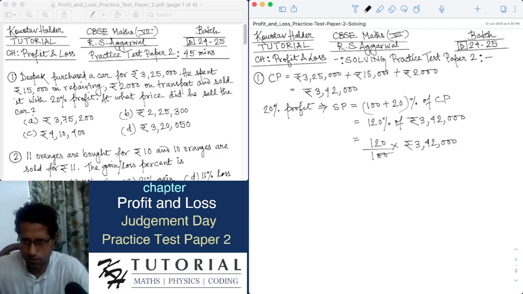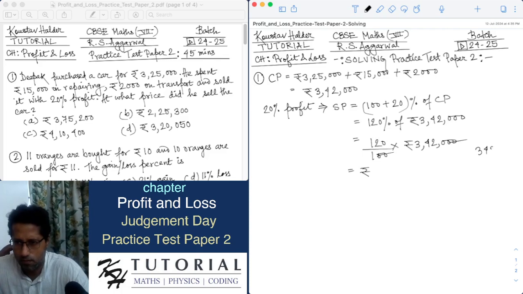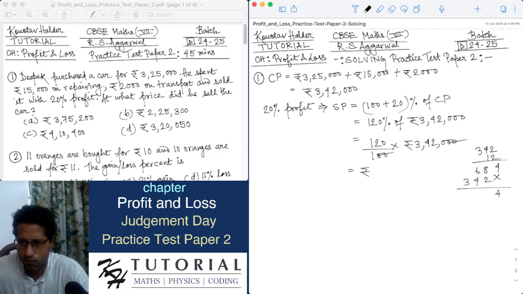So the 20 cancels. How much is 342 multiplied by 12? This is 4, 8, 6, and this is 2, 4, 3. So 4, 10, 11, 4.